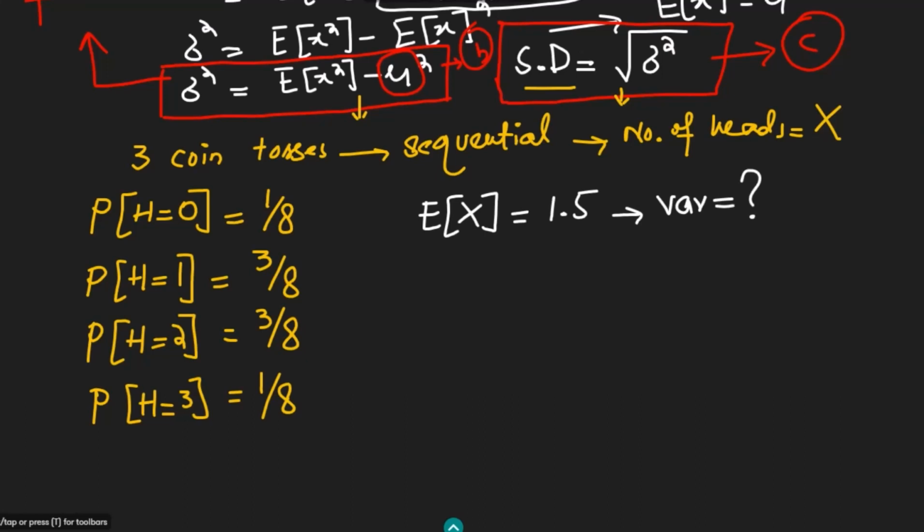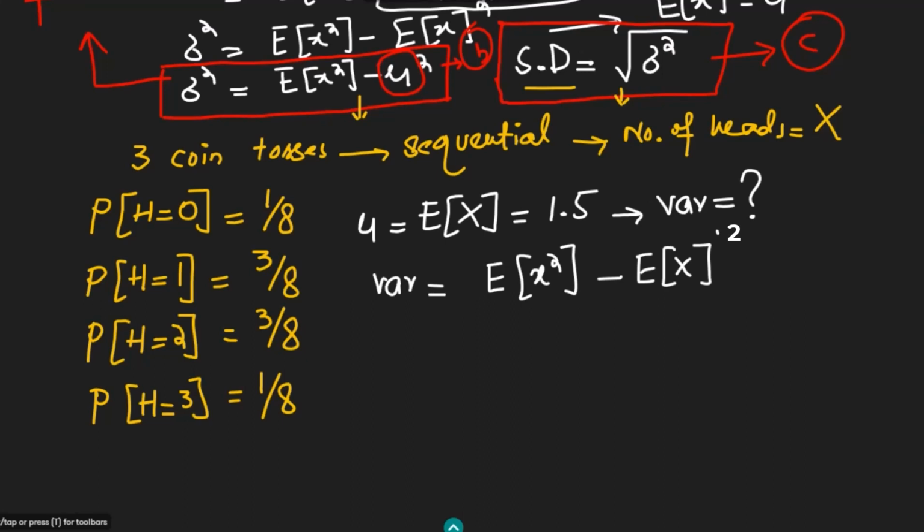The formula for the variance is the expected value of x square minus mu square, where mu is also called the expected value of x. Do we have this value 1.5? Yes, we have, so there is nothing to find out about it, but we have to find the value of the expected value of x square. Let me call it formula A.